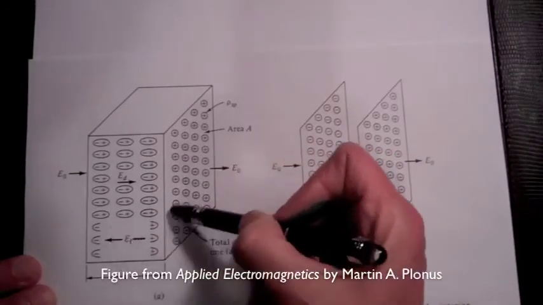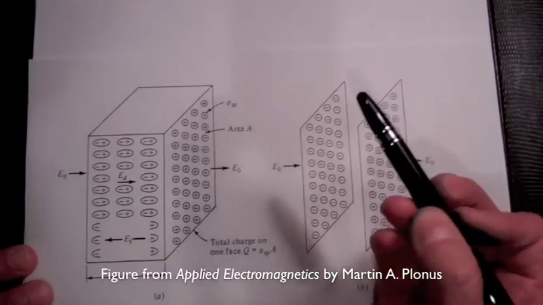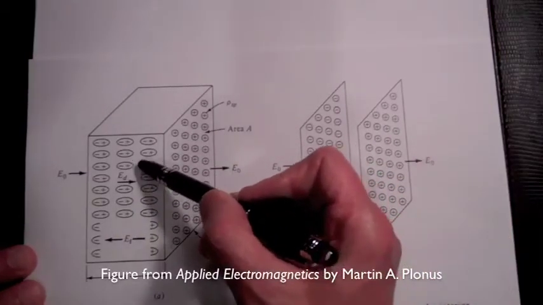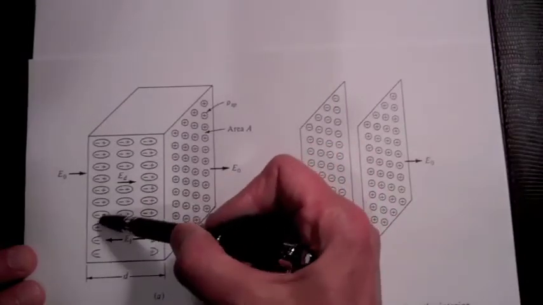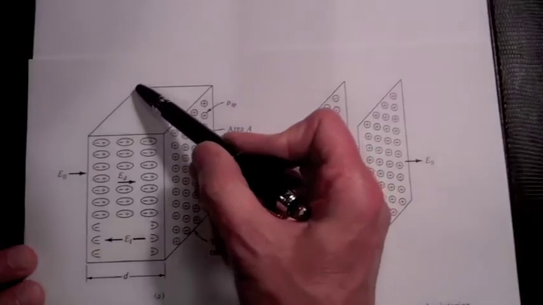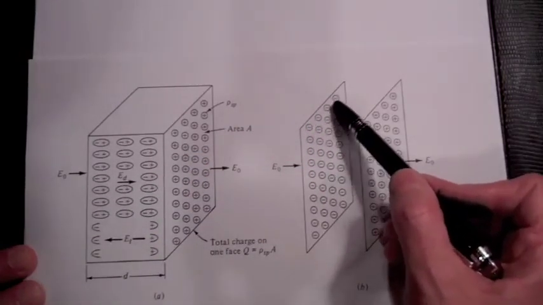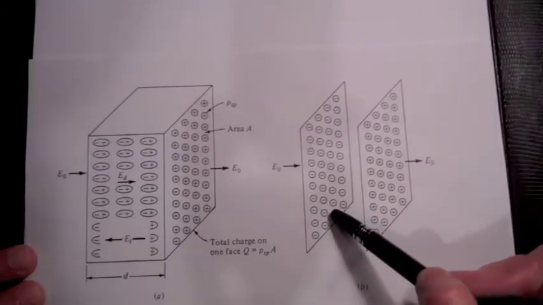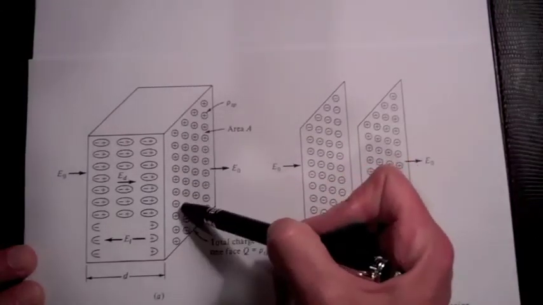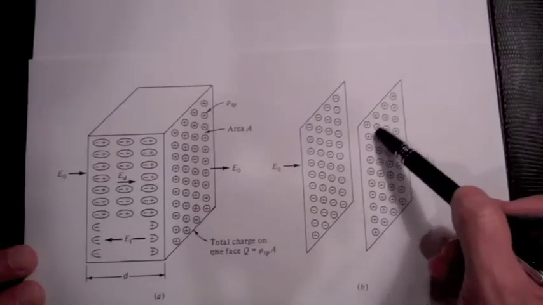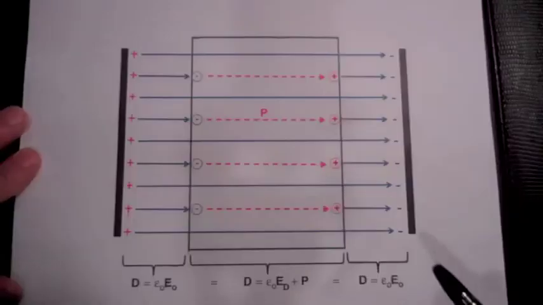When we introduce the dielectric into the electric field between the plates of our capacitor, the atoms will form dipoles and we'll get our polarization field. The left-hand side of the dielectric will accumulate some negative bound charge on its surface, and the right-hand side will accumulate some positive bound charge on its surface.